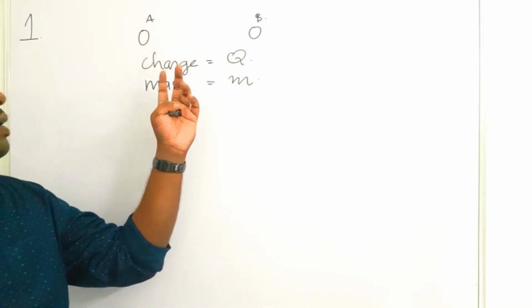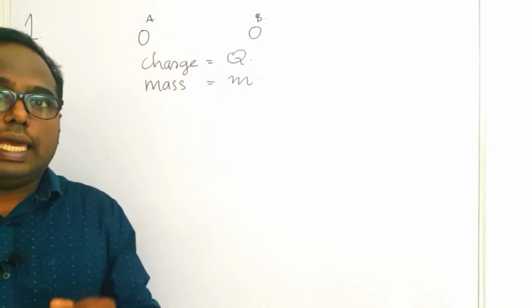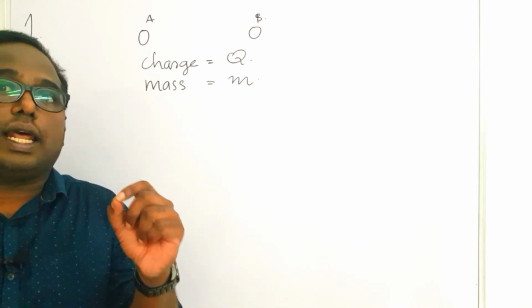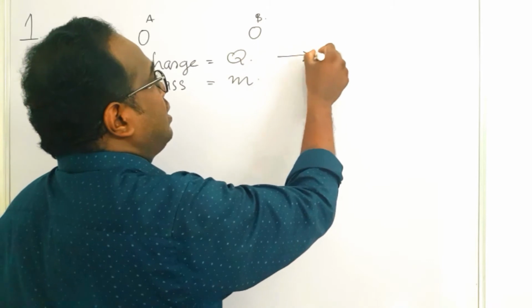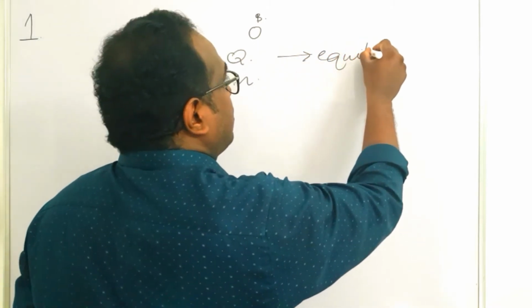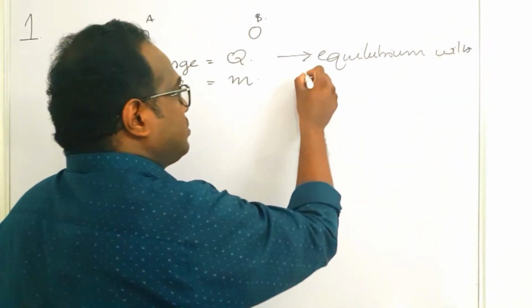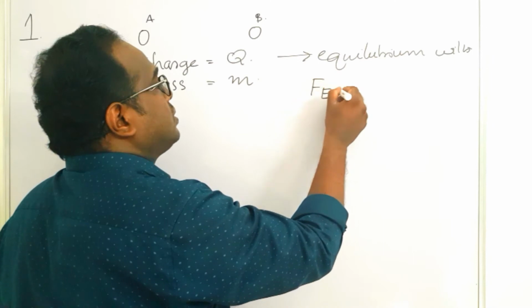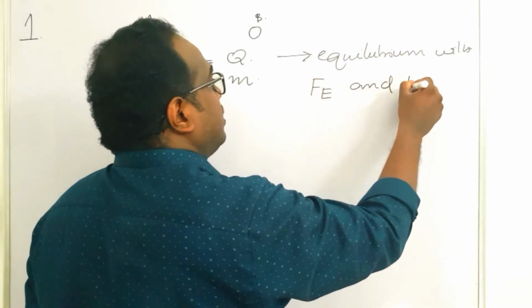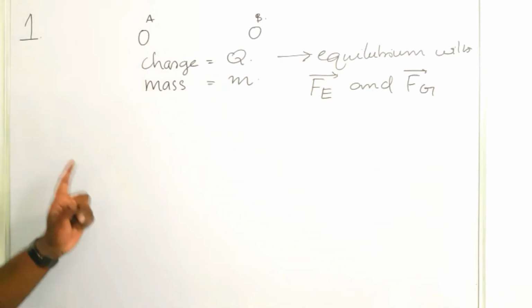Two charges A and B, same charge, same mass, are mutually in equilibrium with the gravitational and electrostatic forces. These two particles are in equilibrium with the electrostatic force and gravitational force. Okay, this is the question.